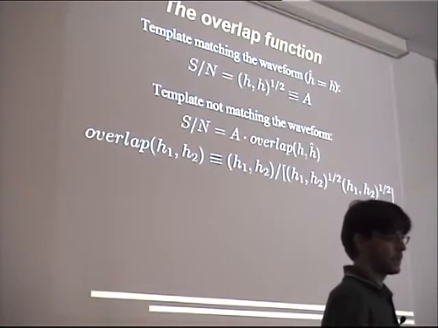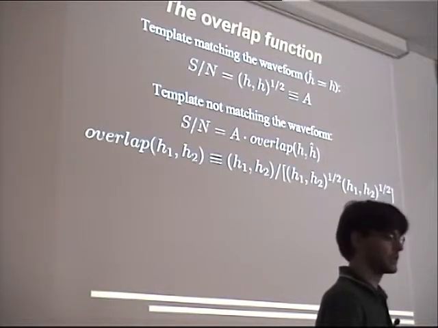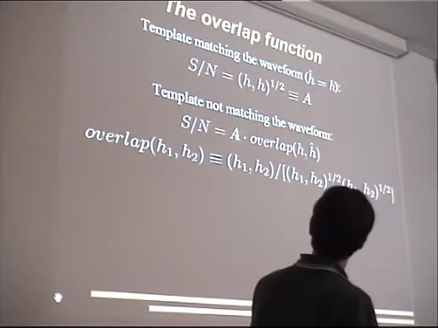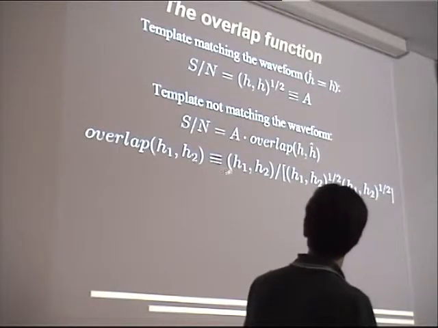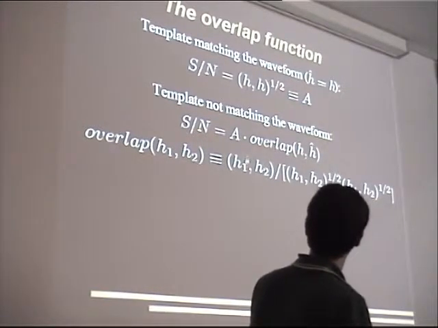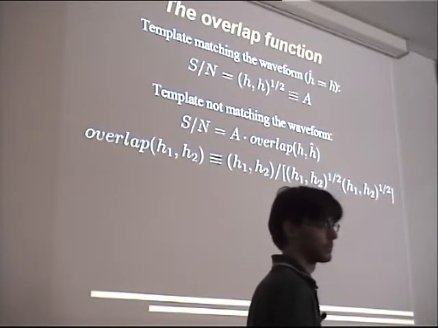Instead, if you have a template which isn't matching perfectly the signal, you can write the signal-to-noise ratio as the norm of the waveform times an overlap function, which is in a sense a cosine, because the overlap function of two waveforms is defined as the internal product of the two waveforms divided by their norms.